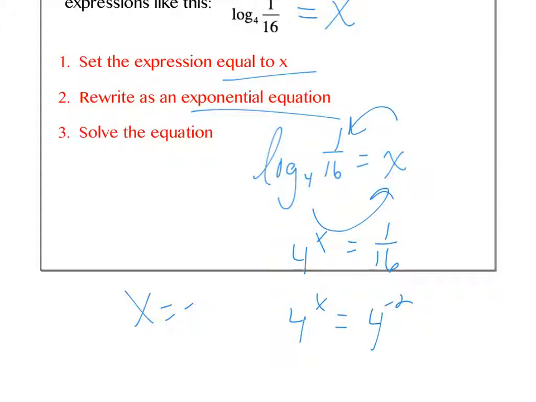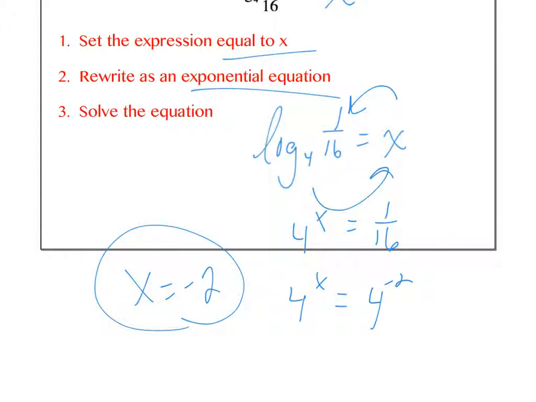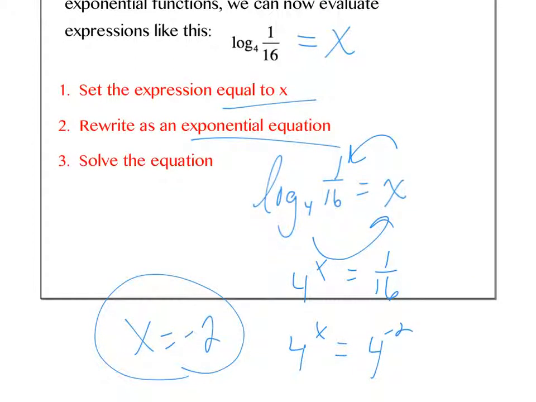And so, when we're asked to evaluate logarithms, we can say that, hey, the log base 4 of 1 over 16 is equal to -2. It's just simply asking you, hey, what power of 4 do you need to raise it to in order to get 1 over 16, or that of component?